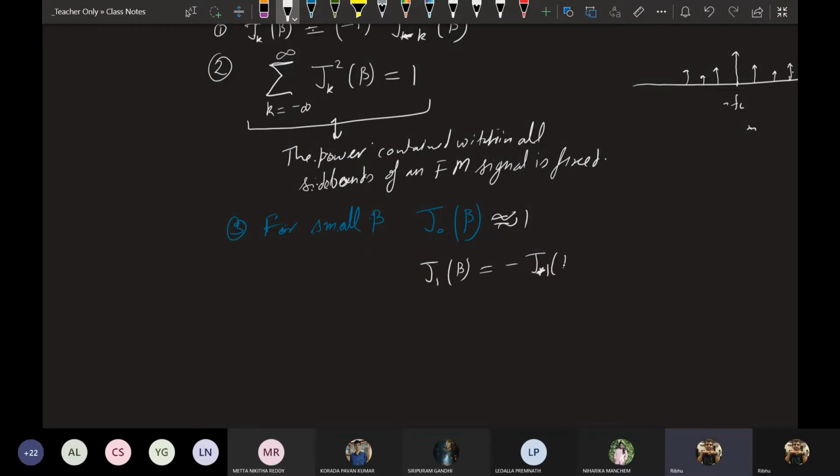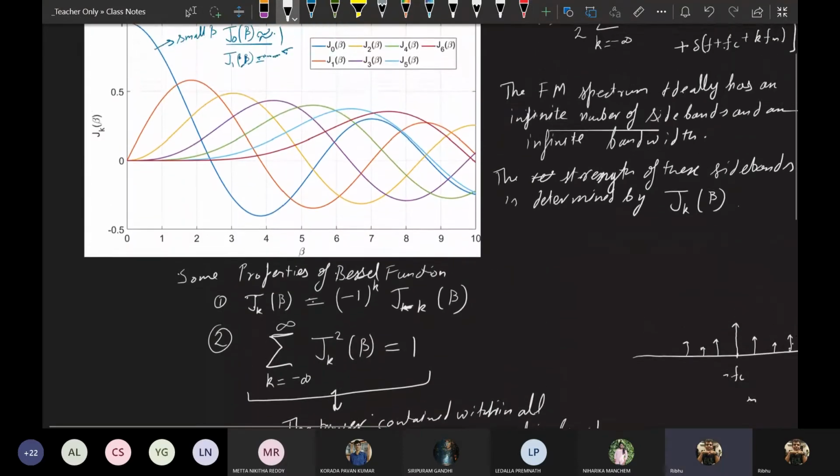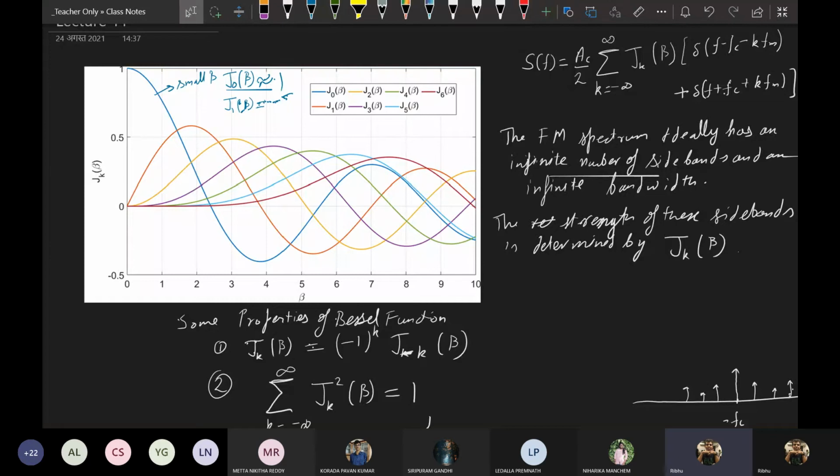Minus J minus 1 beta equals beta by 2. This you can see from the plot. This is J1 beta, and for small values of beta, this is close to beta by 2.